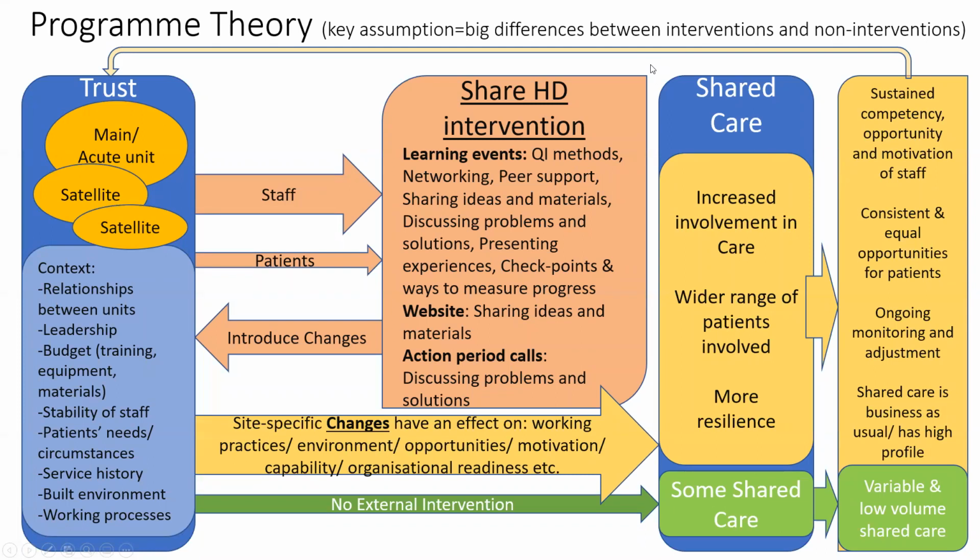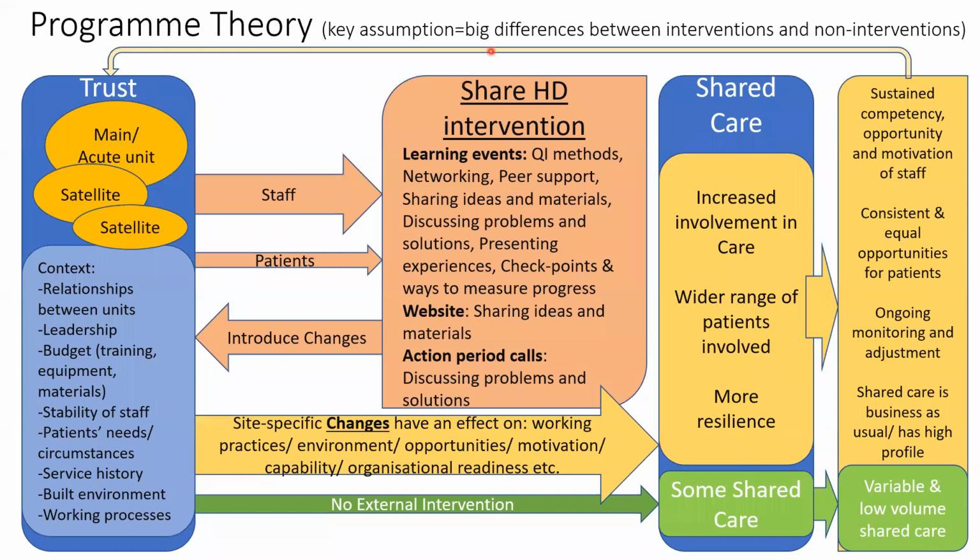So the initial program theory, you'll see here on the left-hand side, we have the trusts there with their contexts, the leadership, their budget, the stability of staff, and so on.